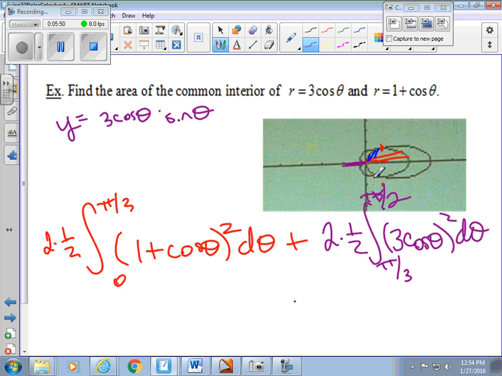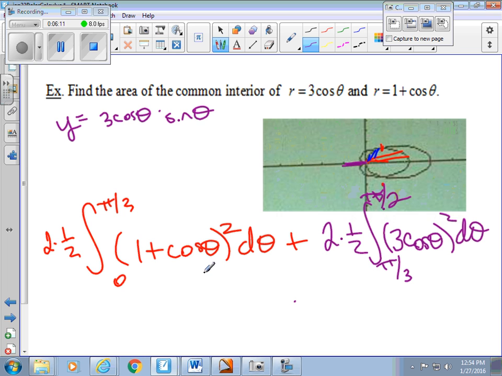Was it Joseph, you came up to my desk, or somebody did and said, 0 to 2 pi goes around this thing twice? Was it you that said that? Sometimes it does. On this one, because of the nature of that circle, it goes all the way around at pi. So just be careful.